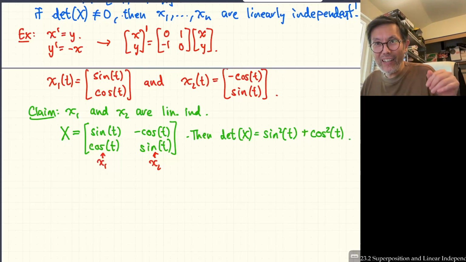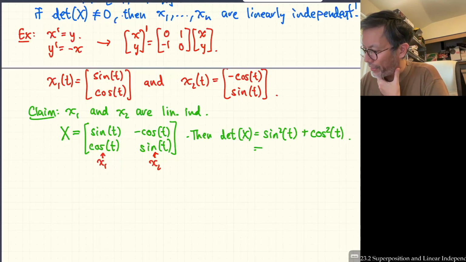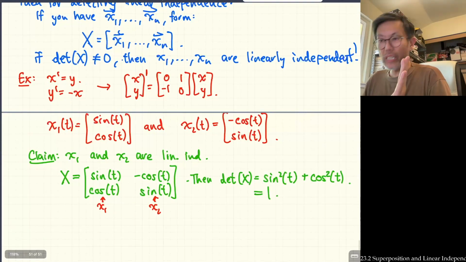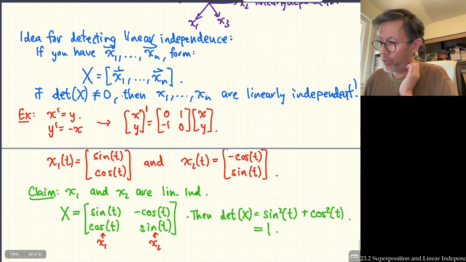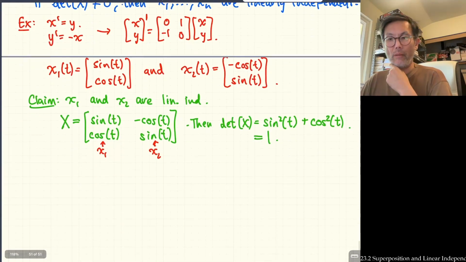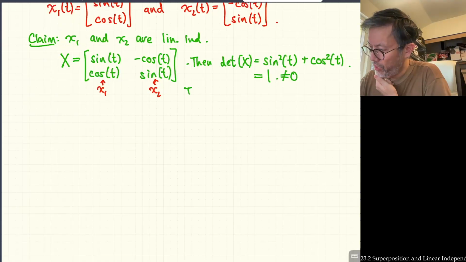And oh my God, that's the Pythagorean identity there. We know that that's equal to 1, and 1 is not 0. So if you believe this criterion, which I'm shoving down your throat, then you'll believe that these are linearly independent.